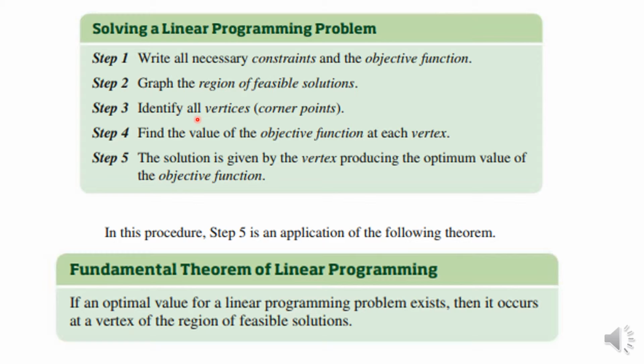We find, solving simultaneous equations, the vertices, the corner points, and we see what value each of these corner points has with the objective function. And the solution is a vertex that produces an optimal, either a max or min, for the objective function. And we know from this theorem that if an optimal value exists, then it occurs at a vertex.